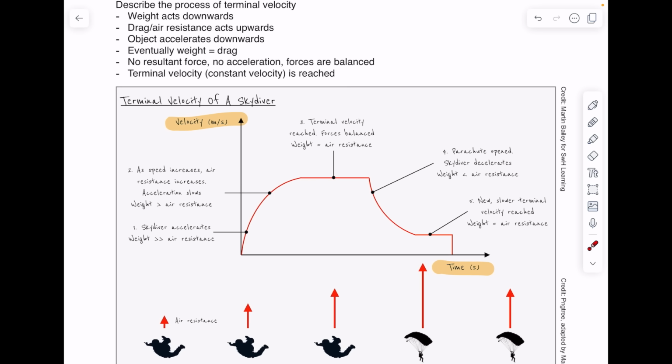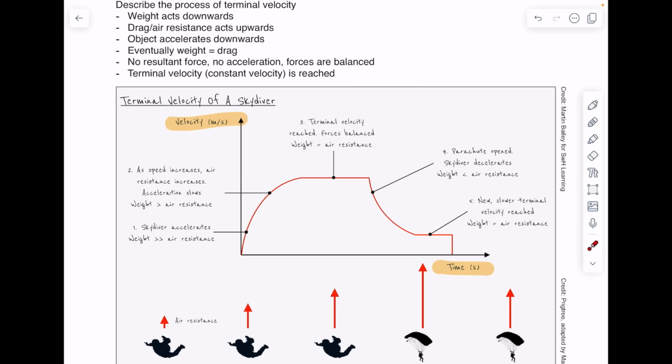Because that skydiver or parachutist speed is increasing, we know that air resistance will increase, and as a result, acceleration decreases as seen by the shallower gradient here. Eventually, weight equals air resistance. We say that there's no resultant force, the forces are balanced, and a constant velocity, a terminal velocity is reached. And as we would expect on a velocity time graph, a constant velocity looks like a straight horizontal line.